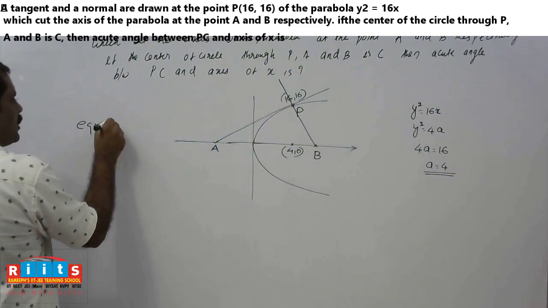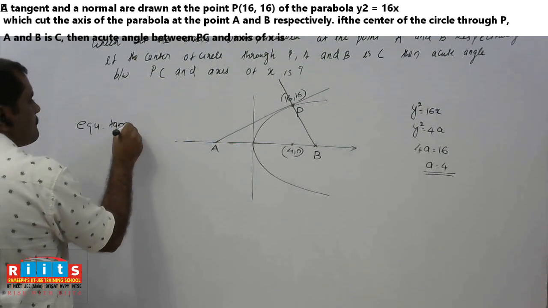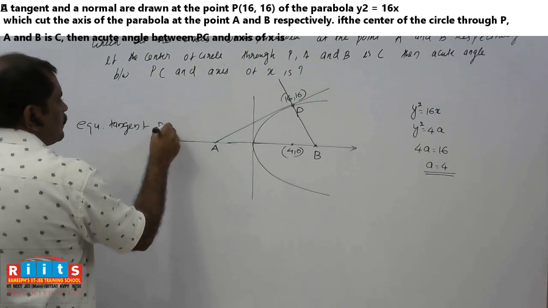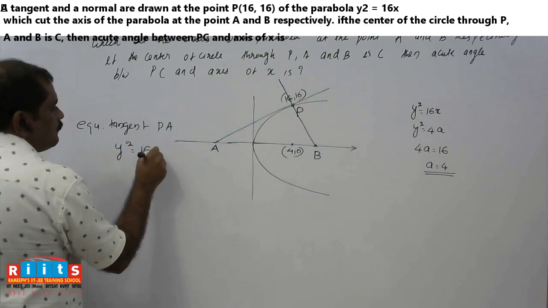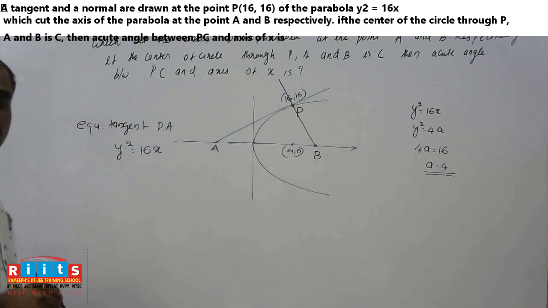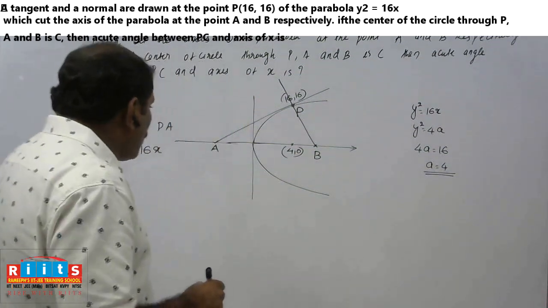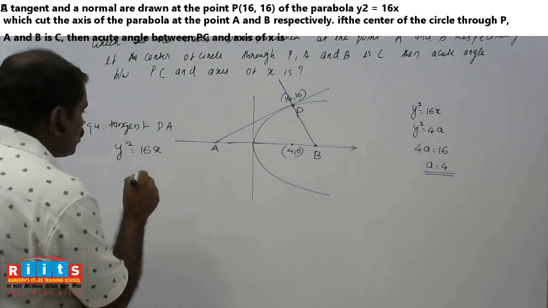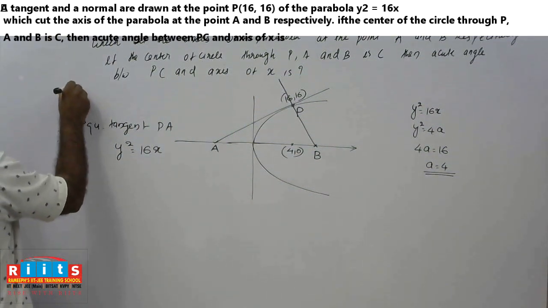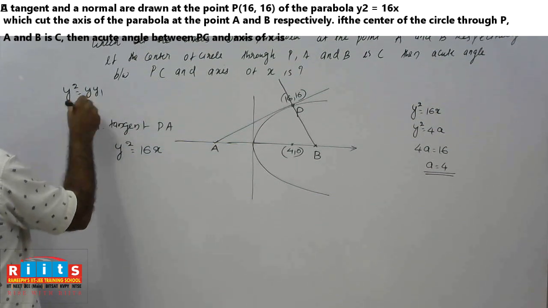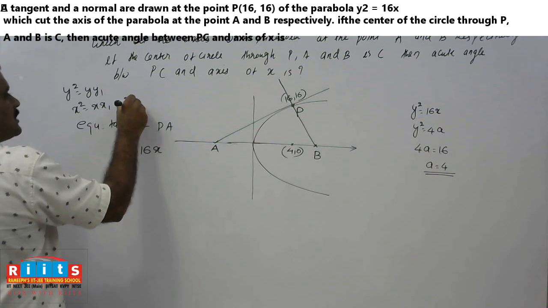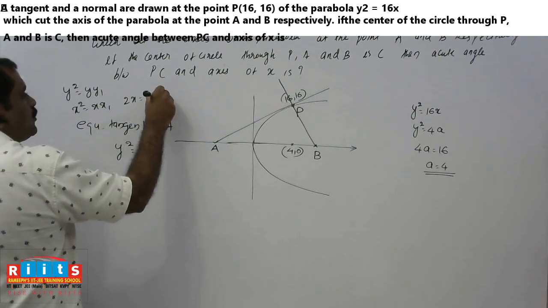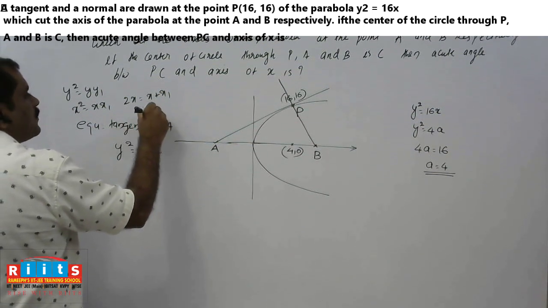The parabola is y square is equal to 16x. First of all, find the equation of the tangent. We have a shortcut method, the point form of the equation of tangent. y square is replaced by yy1, x square is replaced by xx1, 2x is replaced by x plus x1, and 2y is replaced by y plus y1.